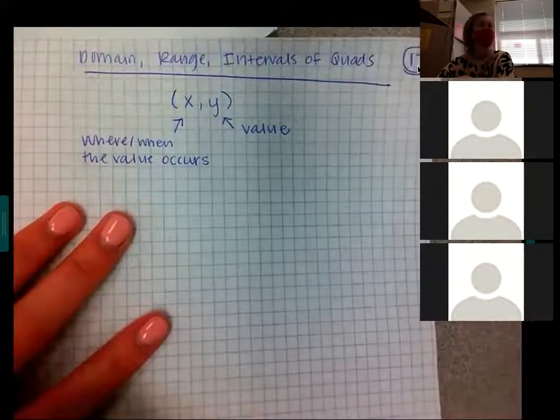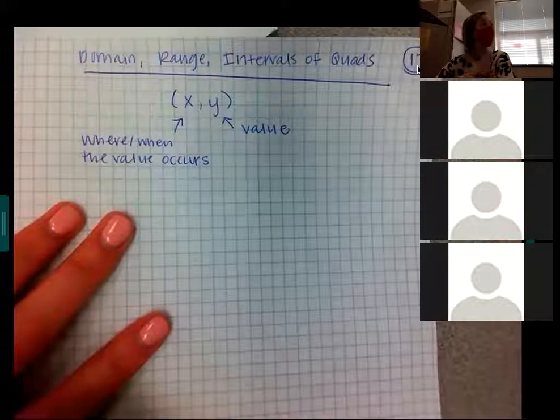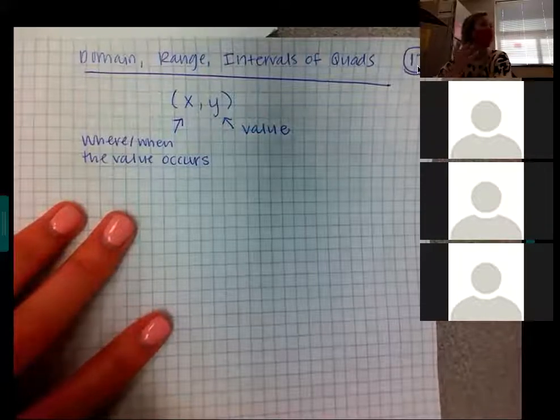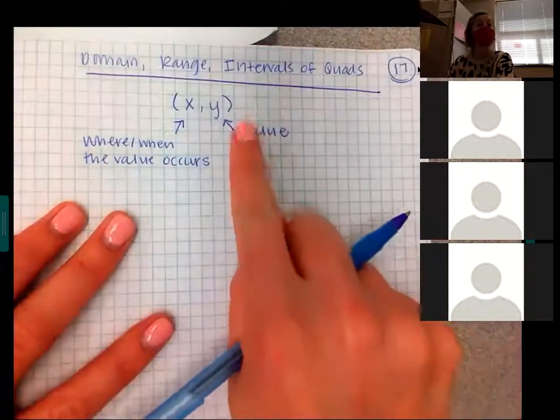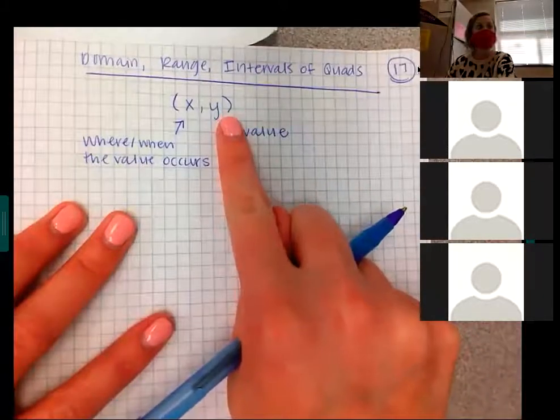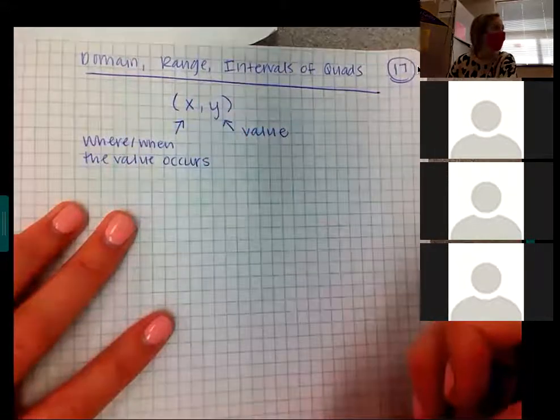I'm sad y'all didn't remember, but it's okay. So if I ask you for the range, and you guys just told me you remember from middle school, range is biggest value minus smallest value, smallest to biggest basically, then range is talking about the y's, which means what do you guys think domain talks about? Yeah, it's got to. That's the only thing that's left, right?